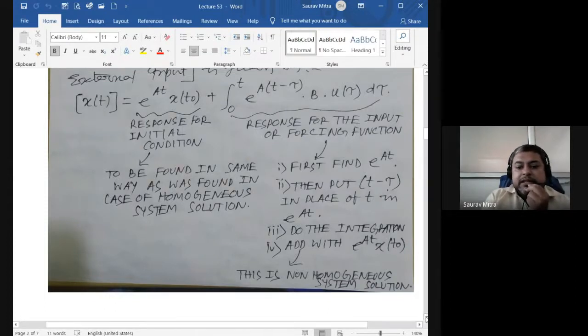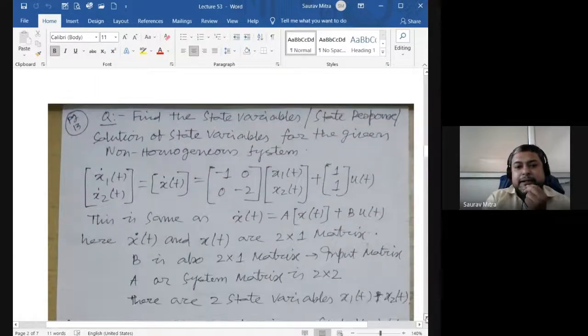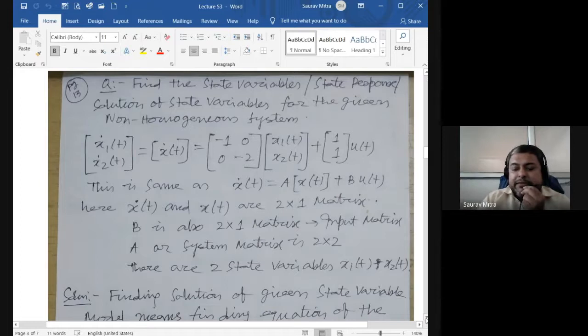So this we have to do till the last step of the numerical. Now let us face the challenge and find all these things for the given system. I have solved 2 numericals, and there is another numerical in my notes with a 3 cross 3 matrix A. That is supposed to be more difficult, but it is not. Generally, we ask for a 2 by 2 matrix solution for a non-homogeneous system only.